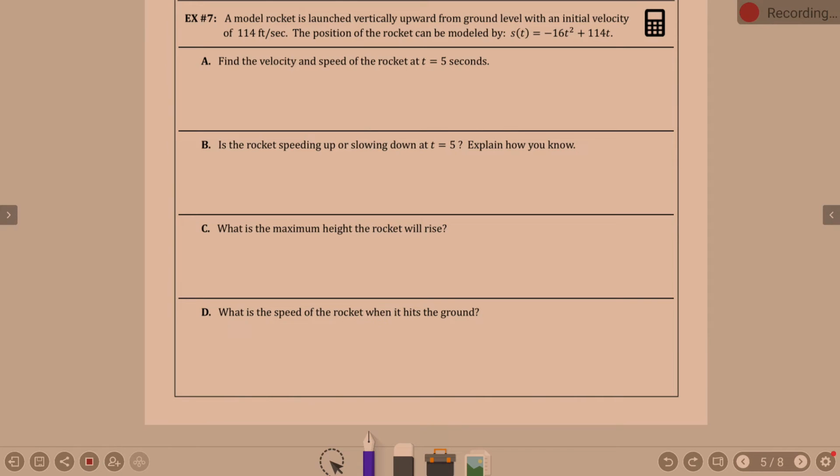Okay, what am I doing? Finding the what? Derivative. So in order to find velocity at 5 seconds, we first have to find a velocity function, which is derivative of the position function. What is that derivative?